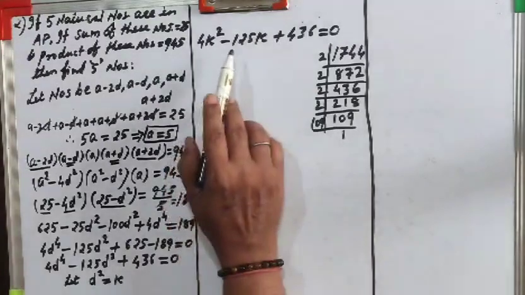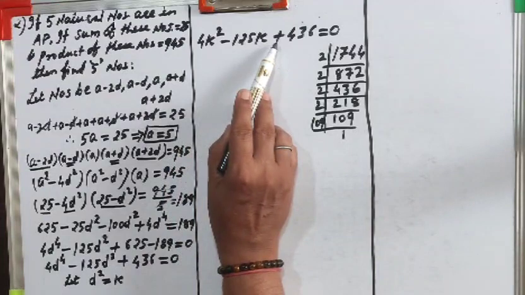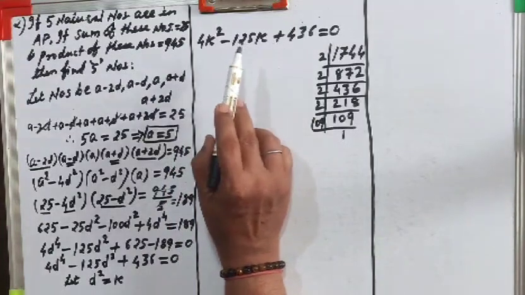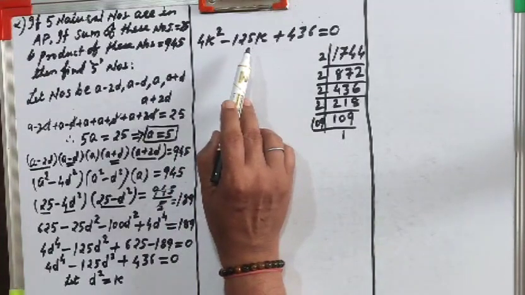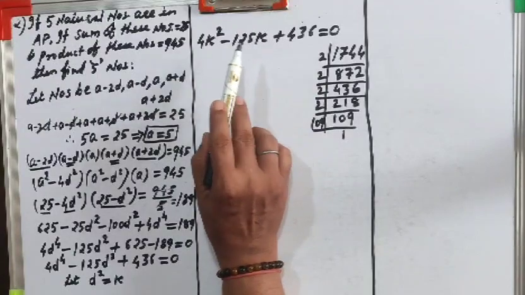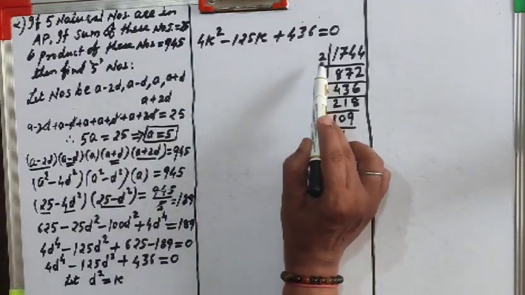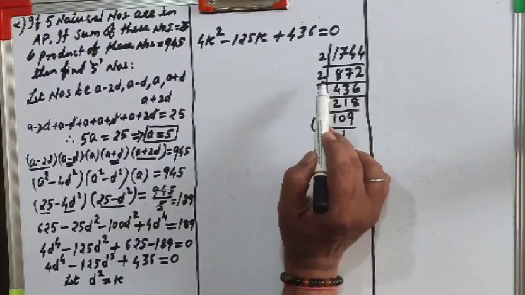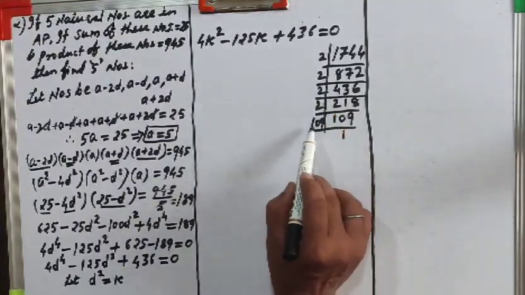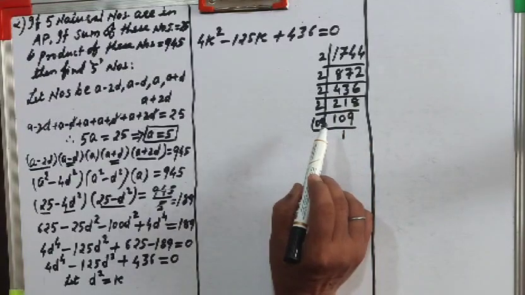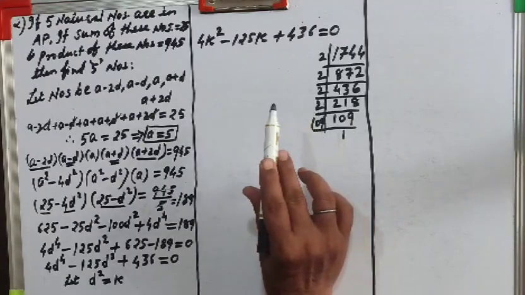So I can take 109 and 1. Now last number is positive. So this indicates that both the numbers should be negative. So what I can do, 2 twos are 4, 2 fours are 8, 2 eights are 16, and 109, and you know that 109 plus 16 will give you 125.